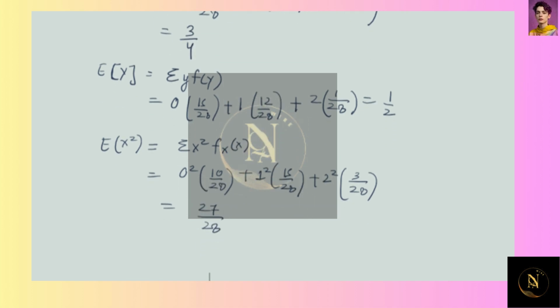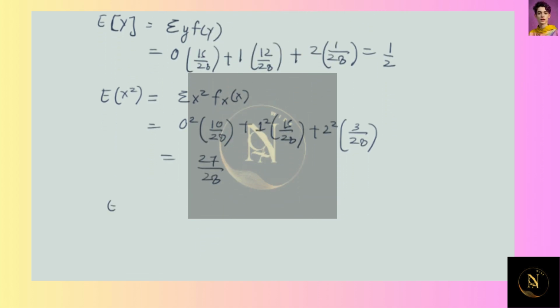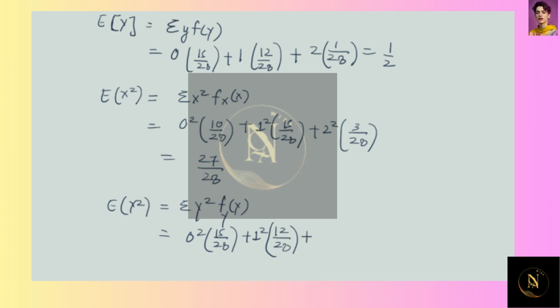Now let us find E of y square, and that would be equal to sigma of y square f of y. This would be equal to 0 square multiplied by 15 by 28, then 1 square multiplied by 12 by 28, and then 2 square multiplied by 1 by 28, and this would finally be equal to 4 by 28.